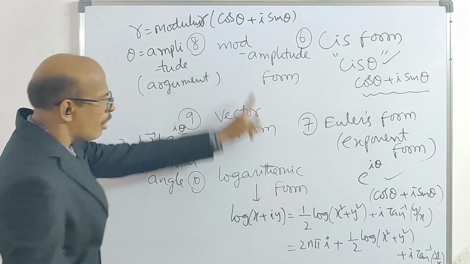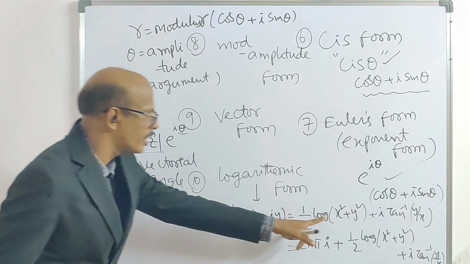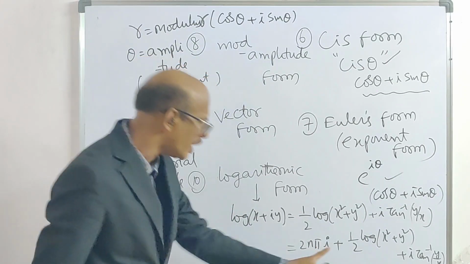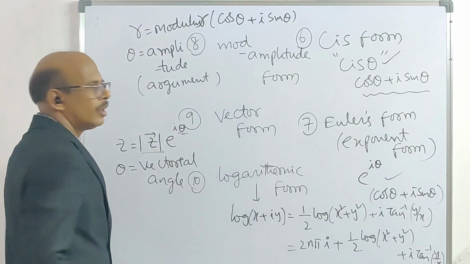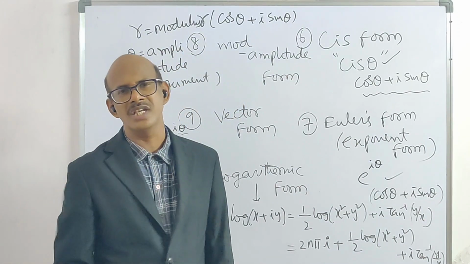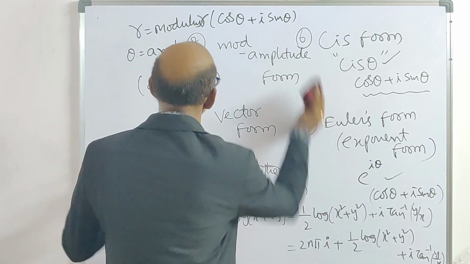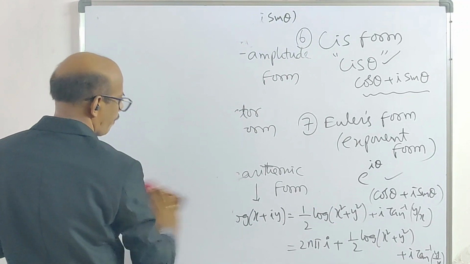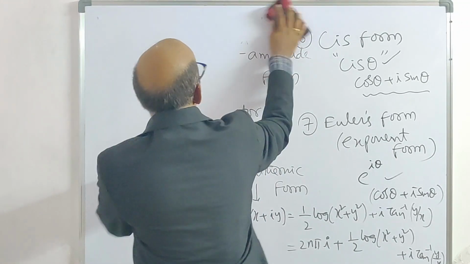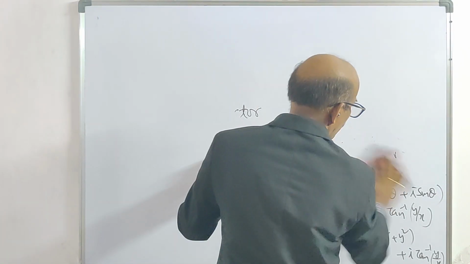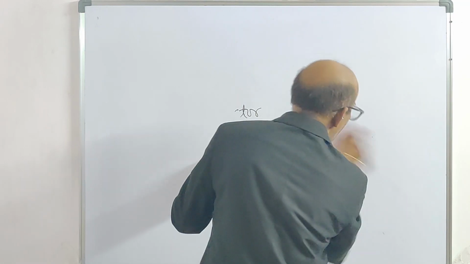I think all 10 forms are given. By taking the principal value, this is the form. By taking the general value, this is the form. So my dear students, I think there is full clarity about all 10 forms introduced in the first video, the basics of complex numbers, in the last video.